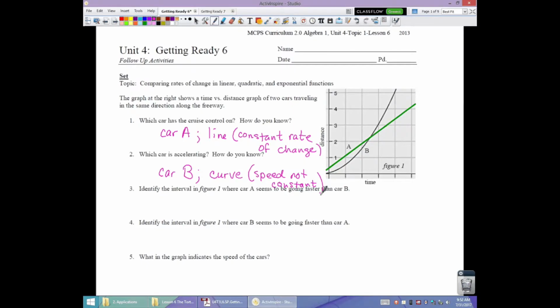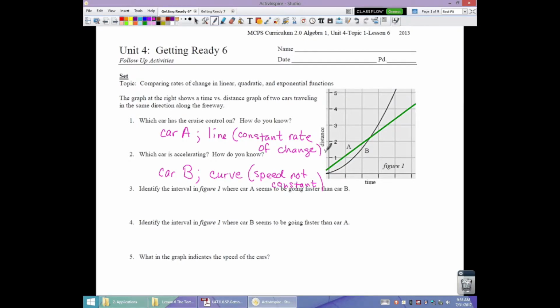Identify the interval in figure 1 where car A is going faster than car B. Now, this one could be tricky because it's very tempting to think that faster means wherever the graph of A is above the graph of B. That is not the case. If you look at the label on the y-axis, it's distance.